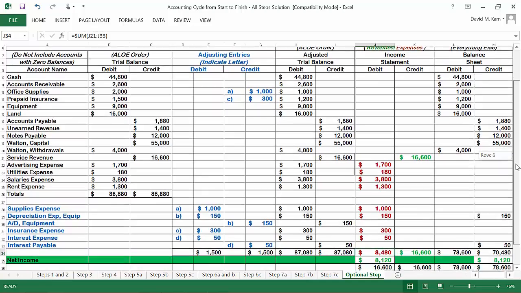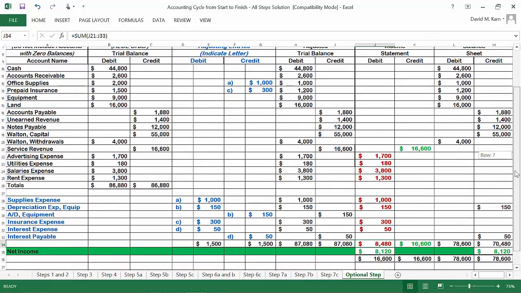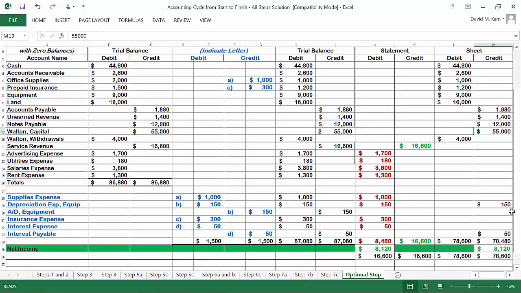So remember, we haven't updated our owner's equity balance, our capital balance yet. So what's going to happen here is when you add these up, since we had a net income of $8,120, we have not transferred that to capital in a closing entry, and we haven't subtracted out our withdrawals. So we still have to include those things here.